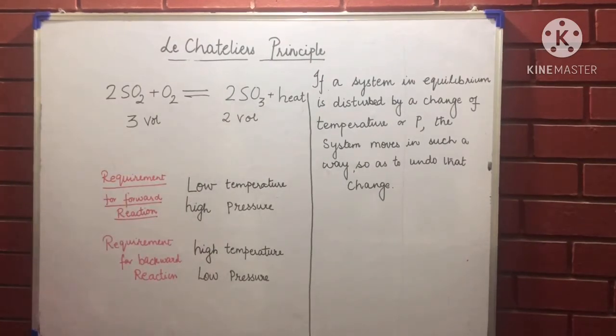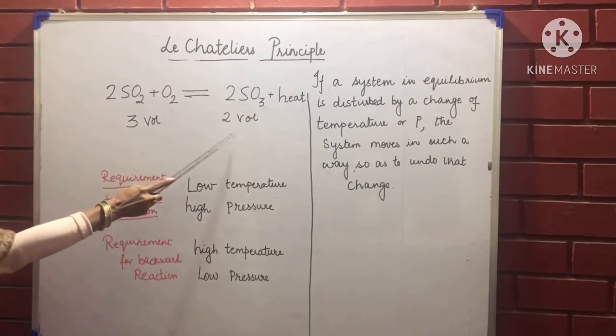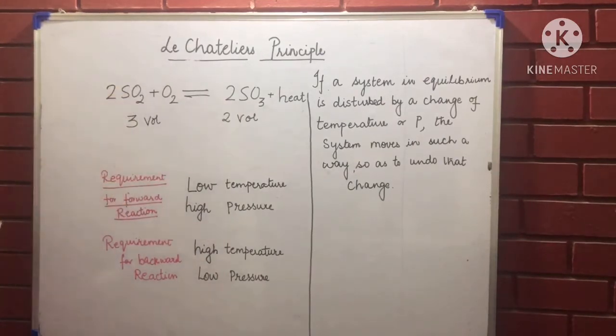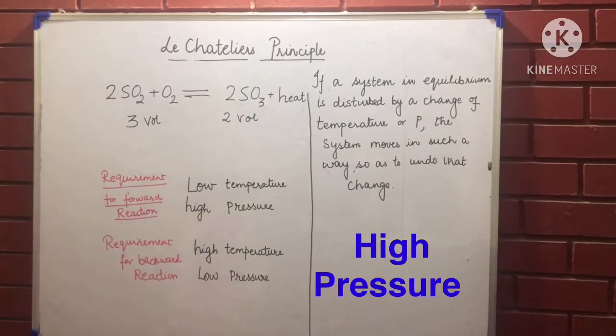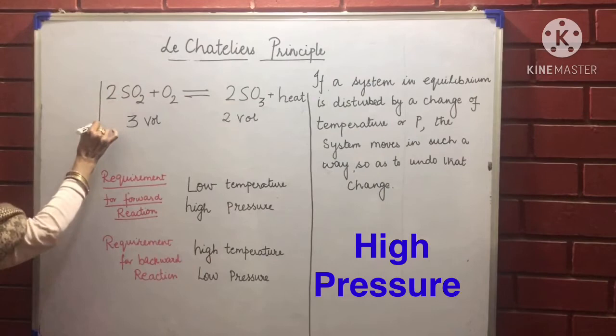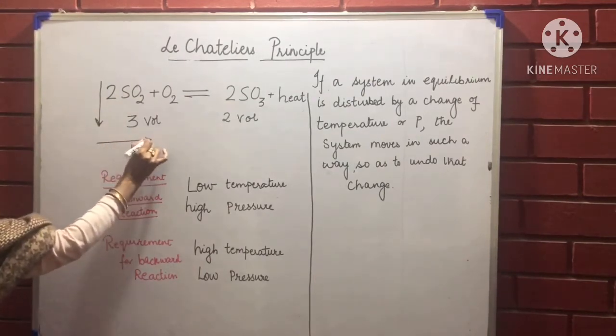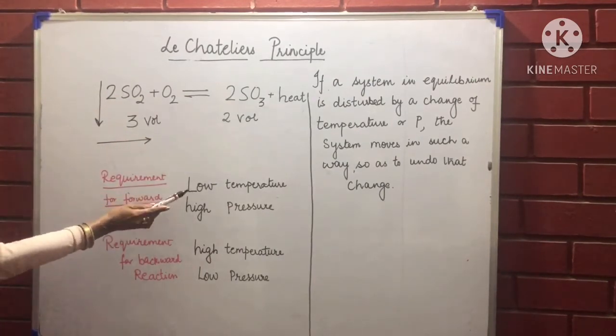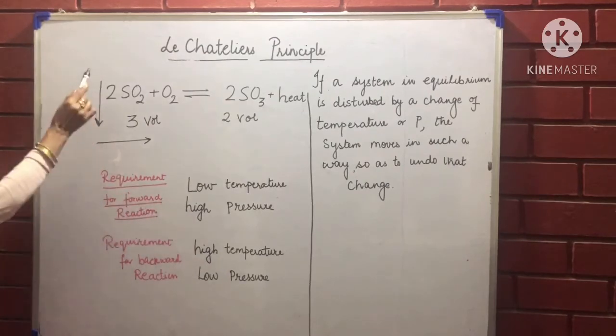The volume is decreasing, which means I must apply high pressure. So for the forward reaction, I must have low temperature and high pressure.